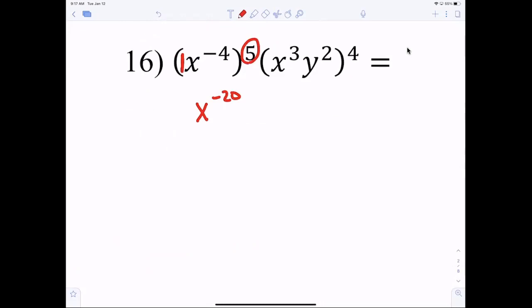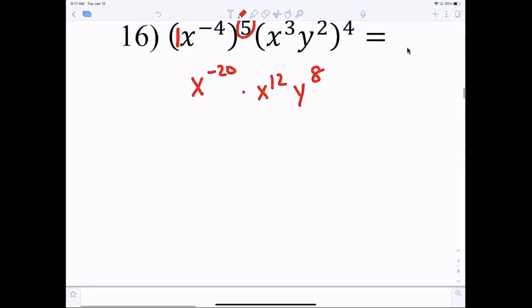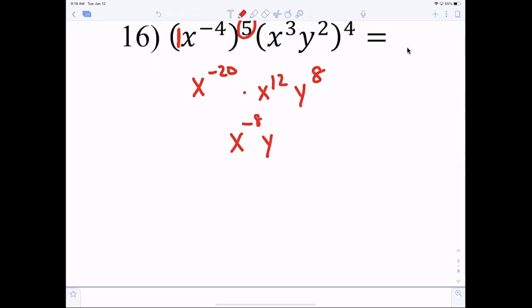All right, carry on. Times x to the 12, yep, and then y to the 8. Yes, sir. Now what do you want to do? Add. Okay, so what do you get? X to the 8, x to the negative 8, thank you. And now what?